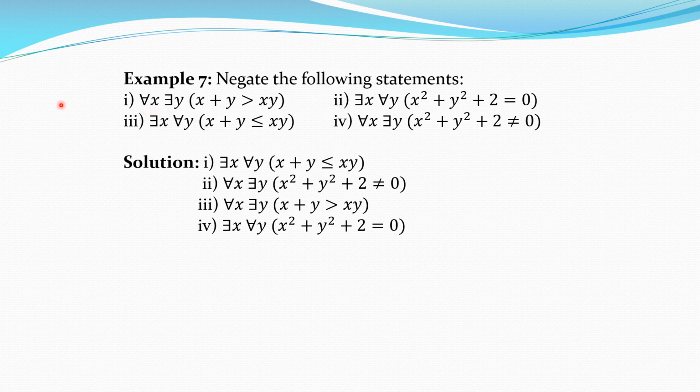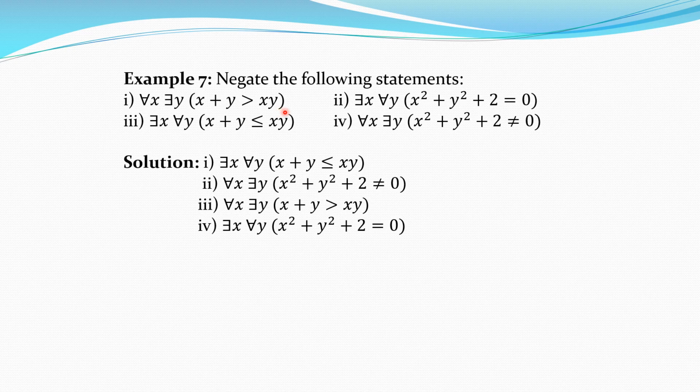Now, negation of for all is there exists x. Negation of there exists y is for all y. At the same time, we have to consider the negation of this predicate, that is x plus y greater than xy. So not greater than means less than or equal. So the negation of this part is x plus y less than or equal to xy.